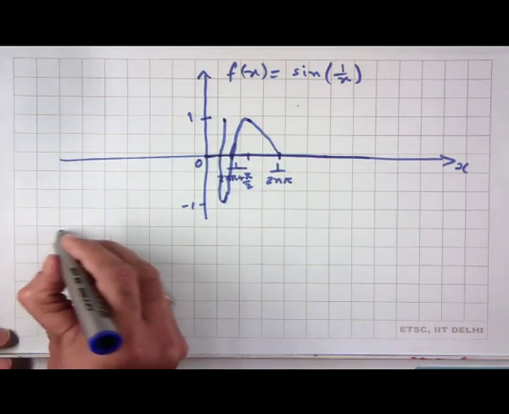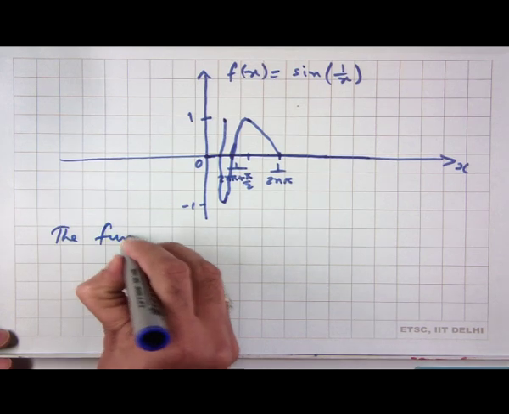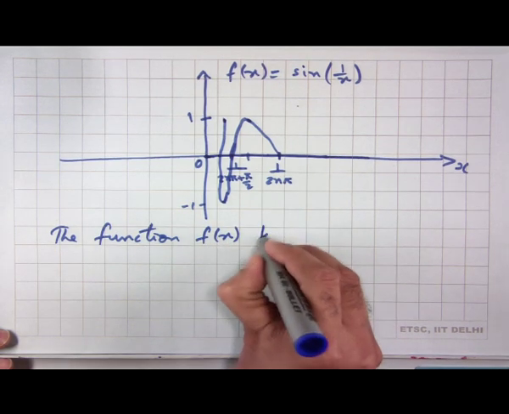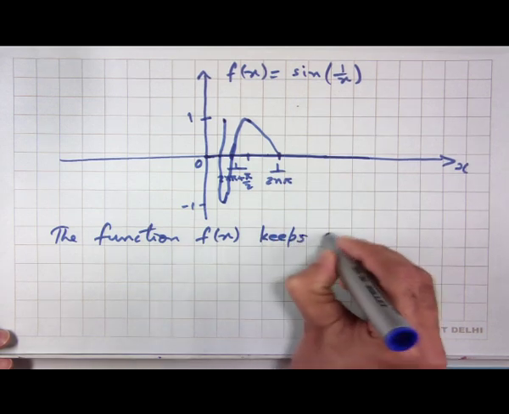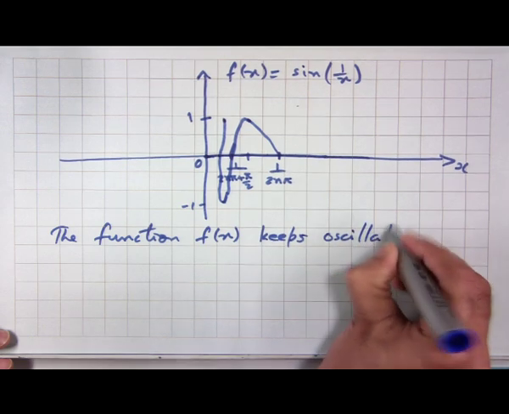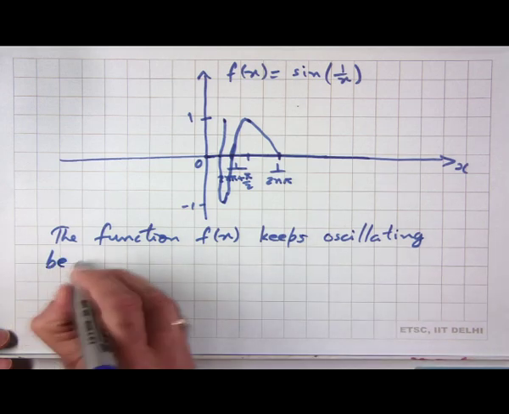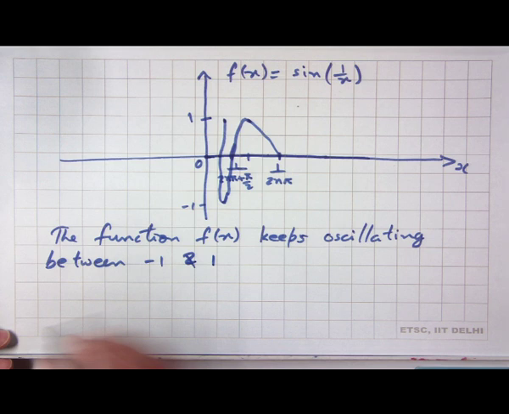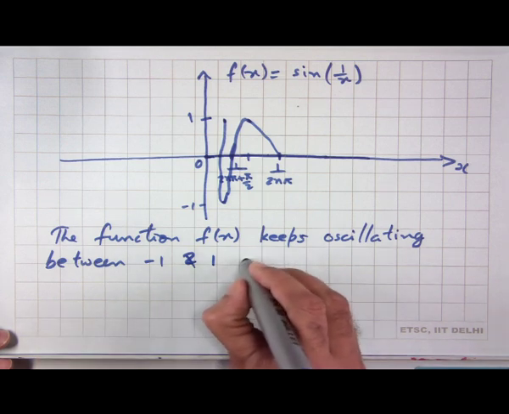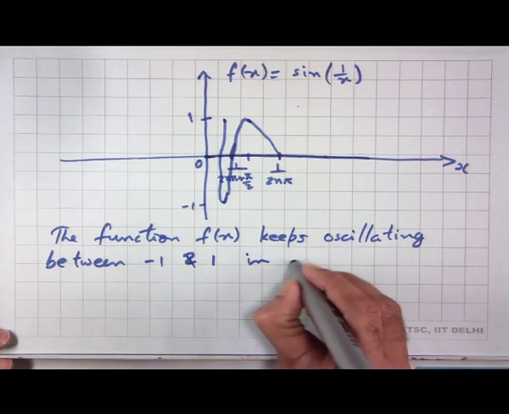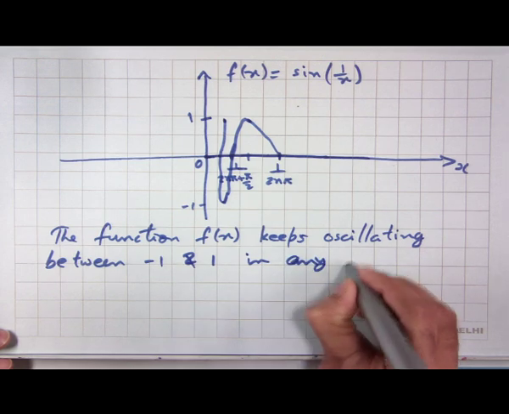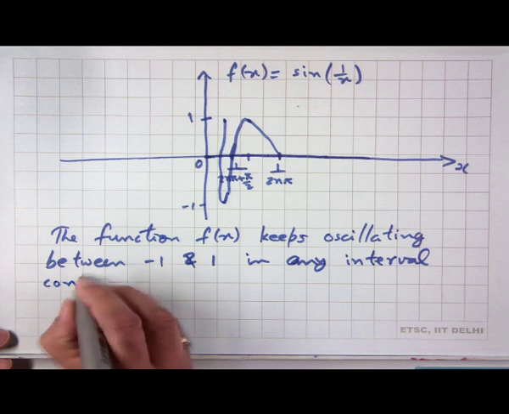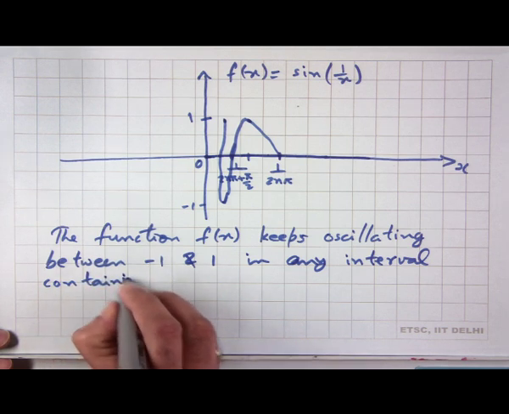So, what happens, the function f x keeps oscillating between minus 1 and 1 in any interval containing 0.